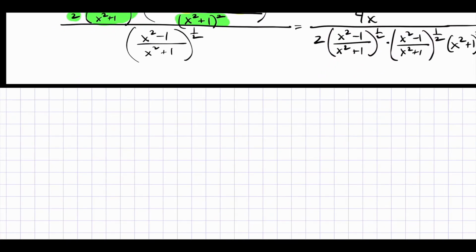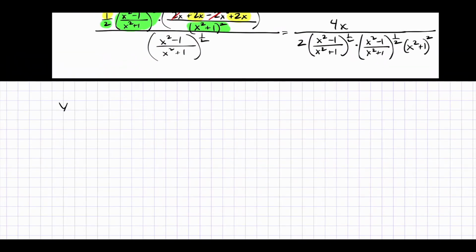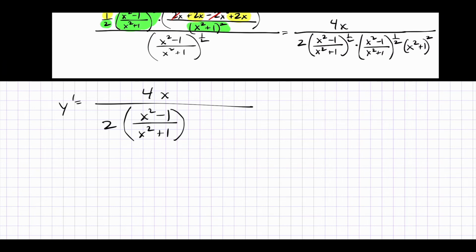Okay. So I get y prime equals 4x, 2, and then I have x squared minus 1 over x squared plus 1 to the first power. So no more powers needed to rewrite.